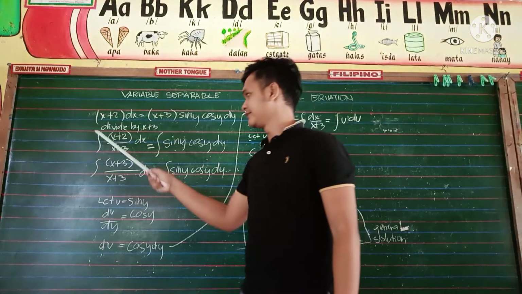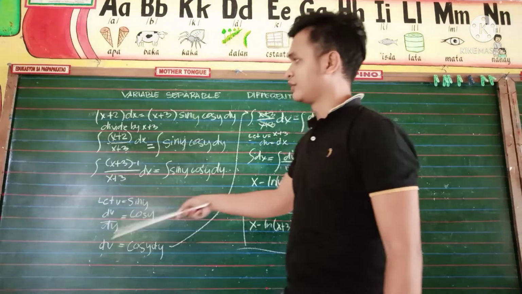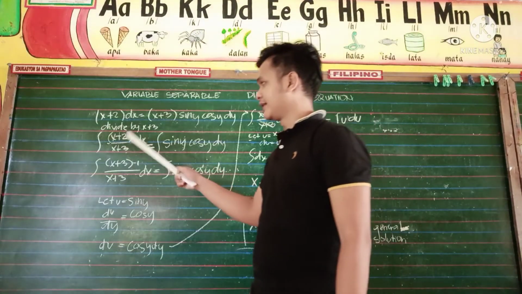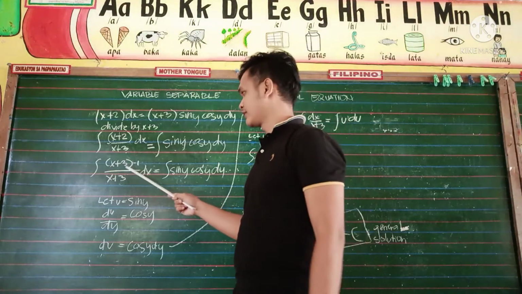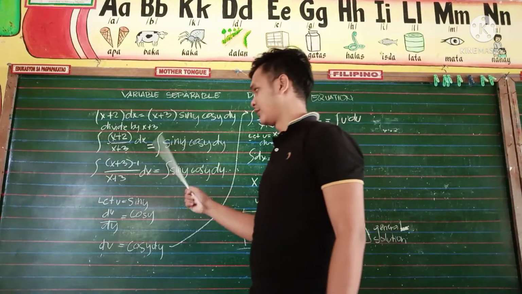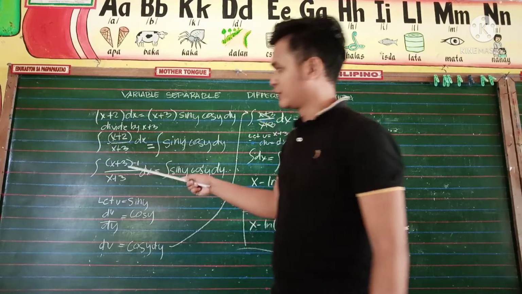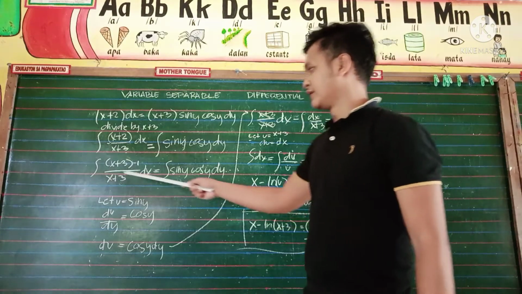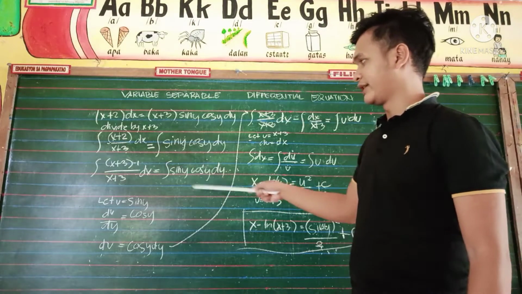We need to integrate both sides. Upon integration of this equation, we cannot integrate this easily. We need to make the numerator the same as the denominator. We can add a constant in the numerator, and not the x term. So x plus 3 minus 1 is equal to x plus 2, divided by x plus 3 dx is equal to integration of sin of y cos of y dy.